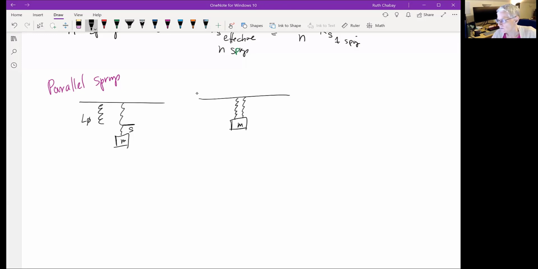But now each spring is only supporting half the weight. So each spring is only going to stretch half as much.